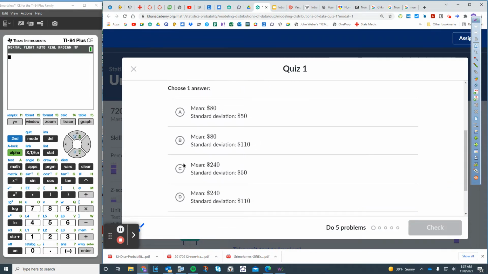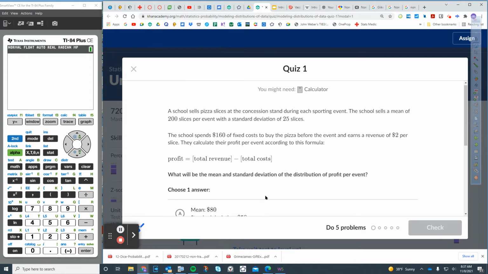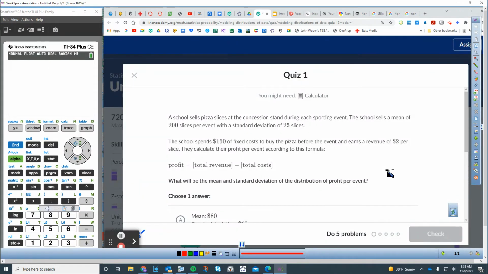Okay, so it's standard deviation. There are two answers with a mean of 240, but we need to decide on the standard deviation. Is it 50 or is it 110? We found the mean, but now we're supposed to find the standard deviation. They say here that the standard deviation of slices sold is 25 slices.